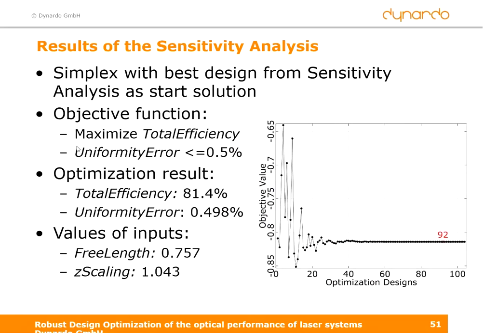And we've used the total efficiency as objective function to be maximized. And as I said, the uniformity error was defined to be a constraint to be smaller or equal to 0.5%. And as a result, we received a total efficiency of 81.4% and a uniformity error which was very close to this limit of 0.5%.